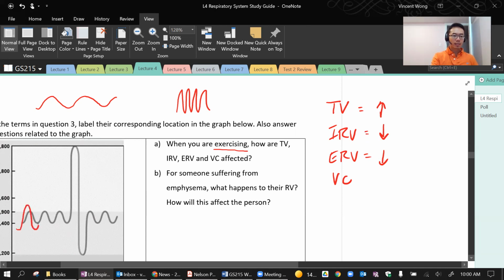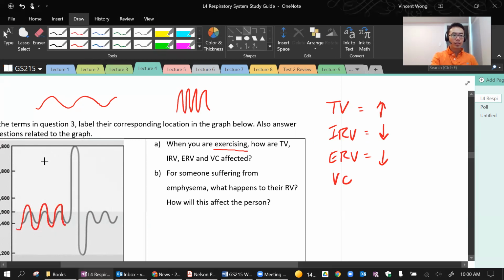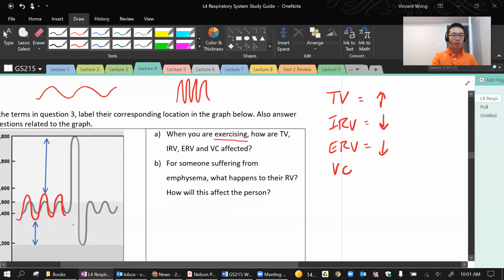If you increase the tidal volume, then you can see the new ERV and IRV are going to be smaller compared to before, because you're eating into their volume.